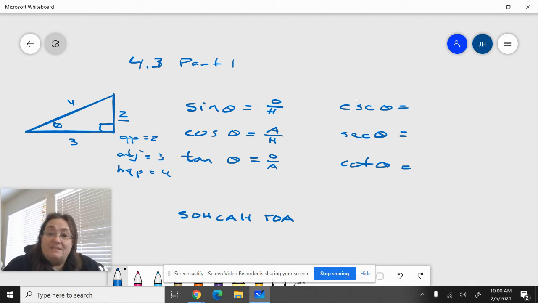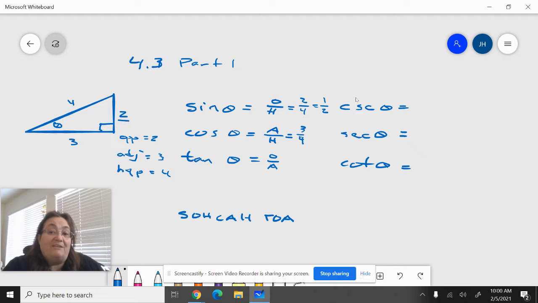And so what we're saying is sine of theta equals our opposite, which is 2, over our hypotenuse, which is 4. So it would be 2/4. And when we reduce that fraction, we're looking at 1/2. Same thing here. We are talking about cosine now, which is the adjacent, which is 3, over the hypotenuse, which is 4, and that's irreducible.